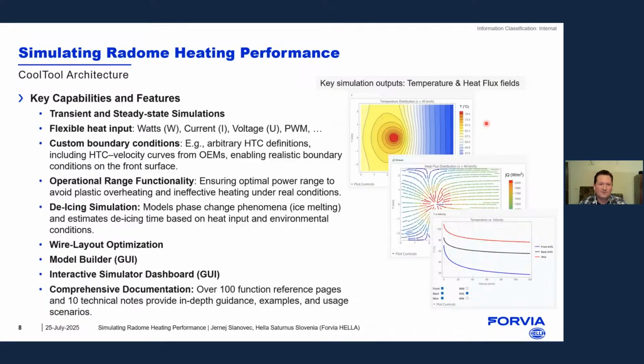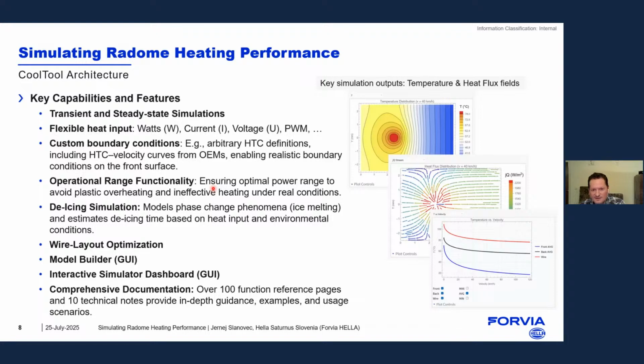Okay, so the key capabilities. I will maybe not go over this slide in detail because I would really like to spend a bit more time in the live demo. But what I would like to emphasize is this operational range functionality. Basically, this was also one of the key questions that led us to develop this tool.